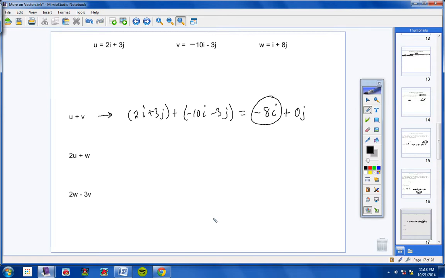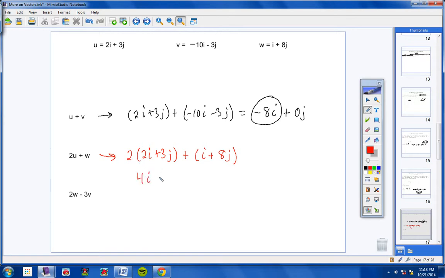So pretty simple. Okay, you can work ahead or watch me do the other ones, whatever you want to do. Here we go. 2 times u plus w. The first thing I would do is multiply my 2 through.